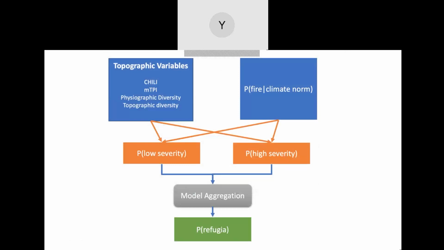This diagram shows what was described. We combine the 2 topographic variables and the climate variable to build a low severity refugia probability and separately build a high severity probability. Then through model aggregation, we get the final refugia map.